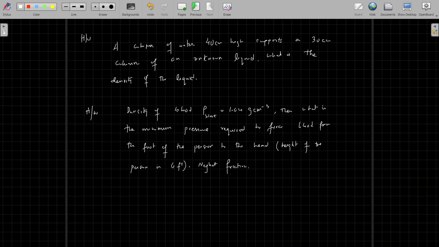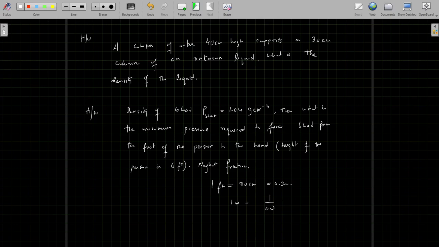So 6 feet. I must give you one scale here. 1 feet is equal to 30 centimeter or 0.3 meter. So calculate here. 1 meter would be equal to then how much feet? So 1 meter would be equal to 1 by 0.3. That gives me a little bit more, something 3 point something.